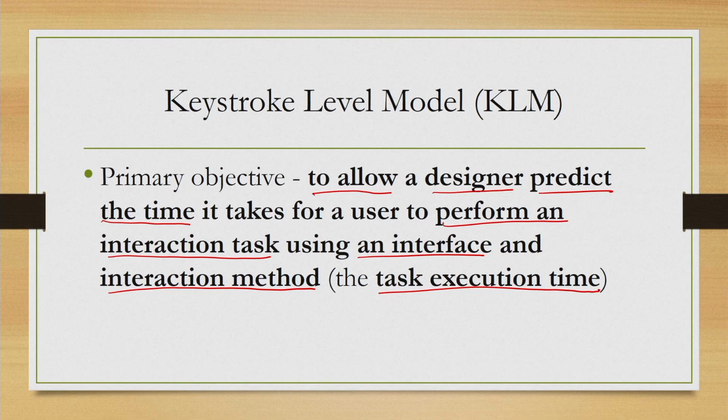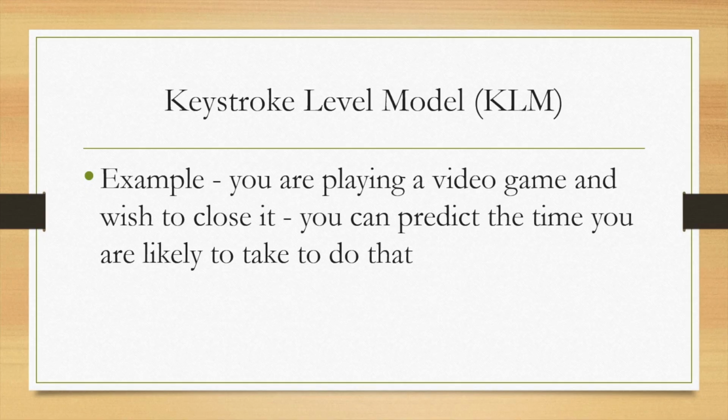If you are a designer of an interactive system and your system supports a set of tasks that the user can perform with various features that you have designed for your interface, then with KLM you can predict the time that it takes for a user to perform these tasks. As an example, suppose you are playing a video game or watching a video and wish to close it.